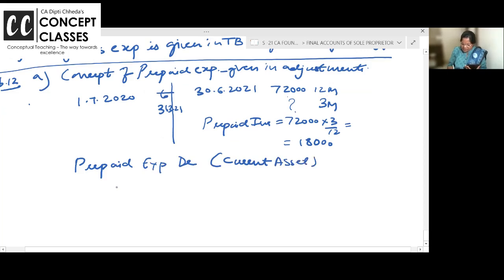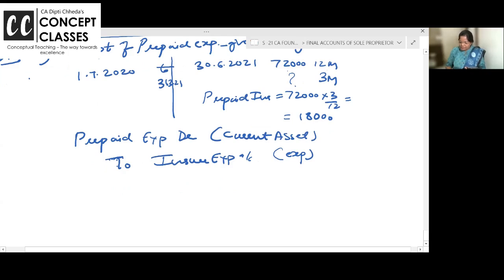Second, insurance expense account. What is the nature of insurance expense? Debit. Now you want to reduce it, so credit. This is your expense. Prepaid expense account debit to insurance expense.